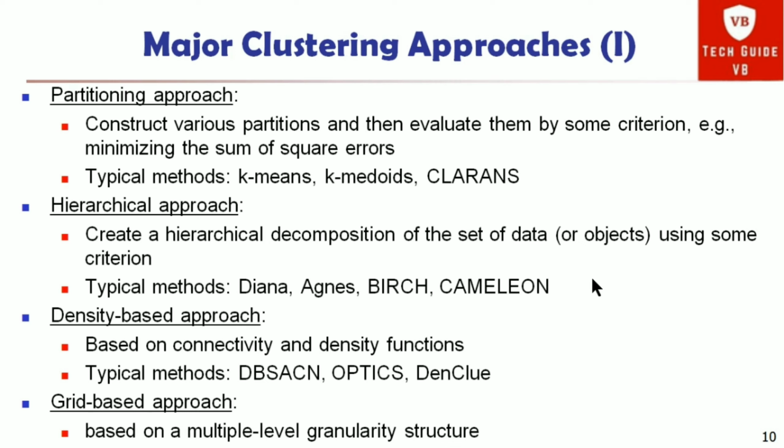What is the partitioning approach? It constructs various partitions and then evaluates them by some criteria, for example, minimizing the sum of squared error. Typical methods for the partitioning approach are k-means, k-medoids, and CLARANS.